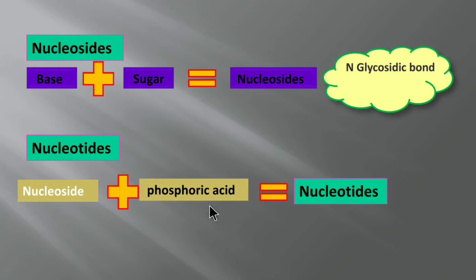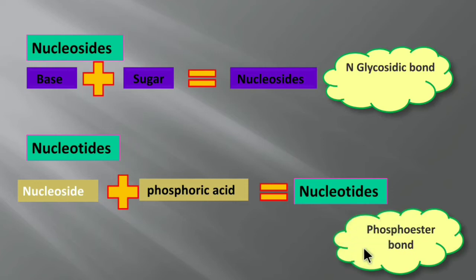The phosphate group is linked to 5' hydroxylic group of nucleoside through phosphoester bond to form nucleotide. Again, you already know that there are 4 nucleosides, and all these nucleosides combine with phosphate group to form 4 nucleotides. Let us see.